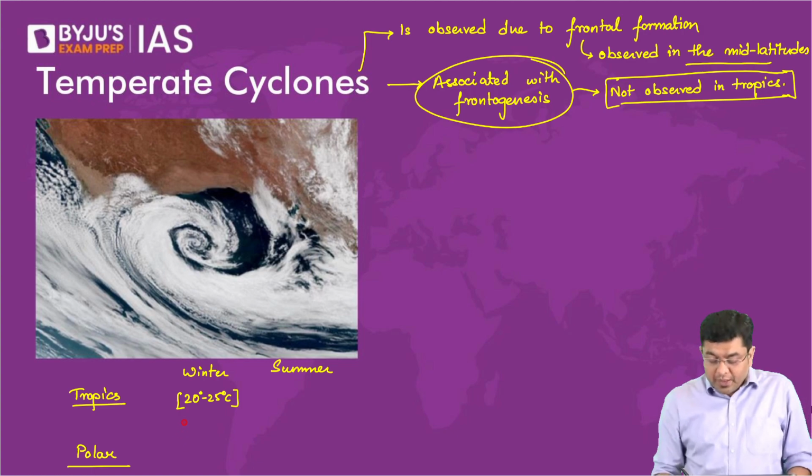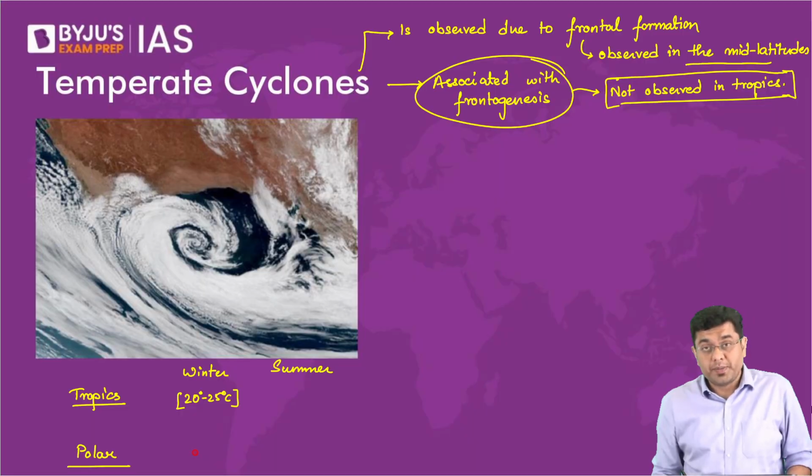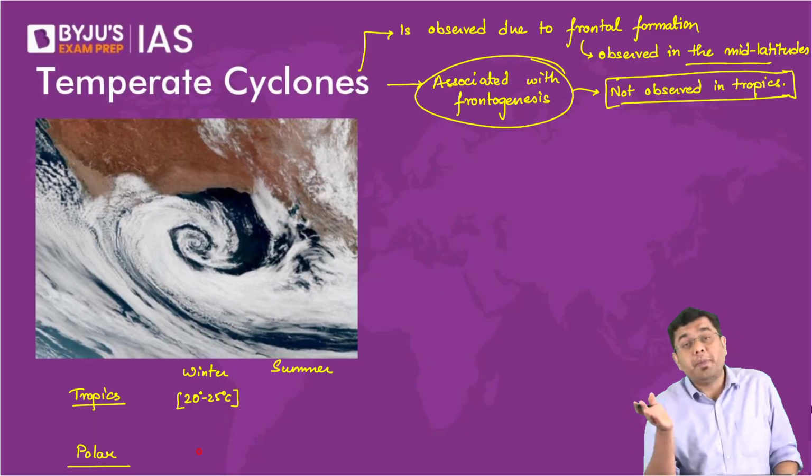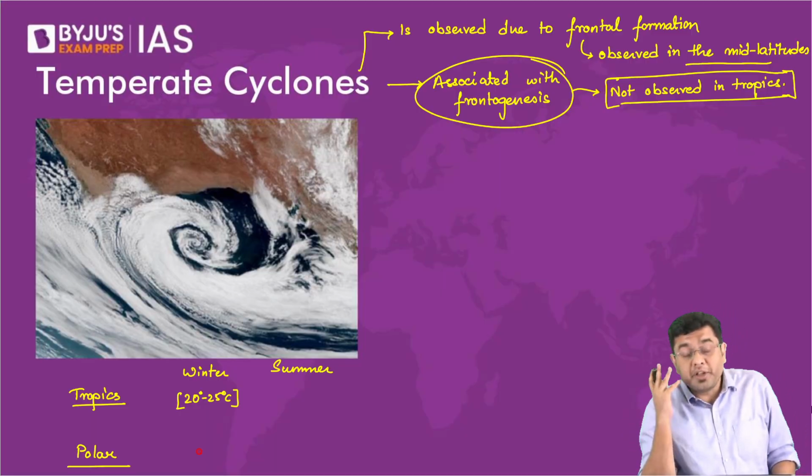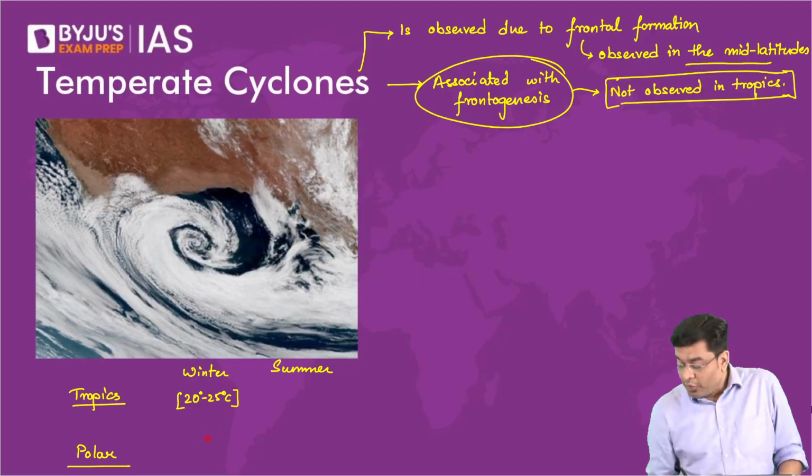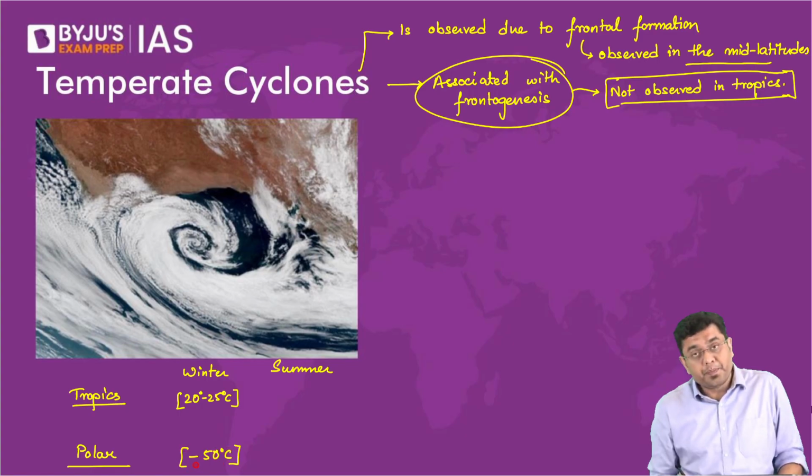Now, when we say the polar region in the winter, the temperature will go to the range of minus 45, minus 50 degrees Celsius easily, isn't it? So here we can experience a temperature of even minus 50 degrees Celsius in certain cases.